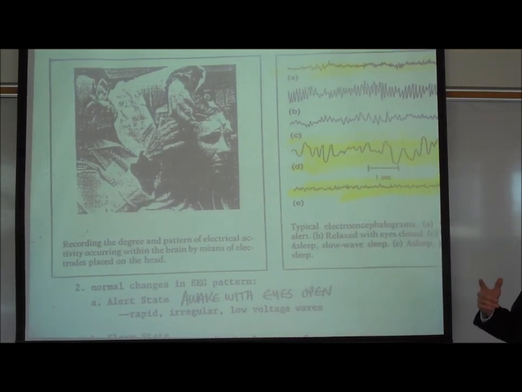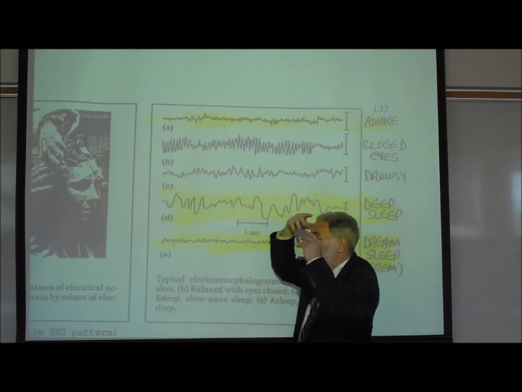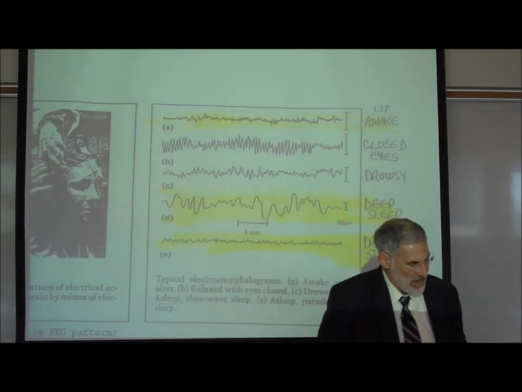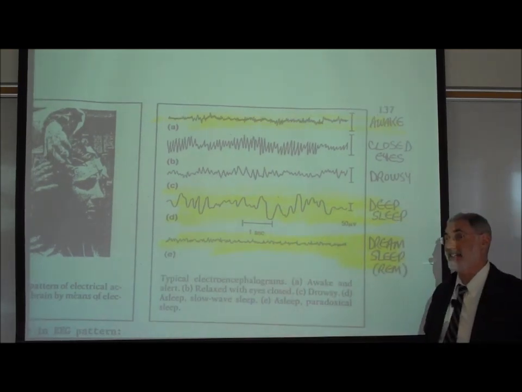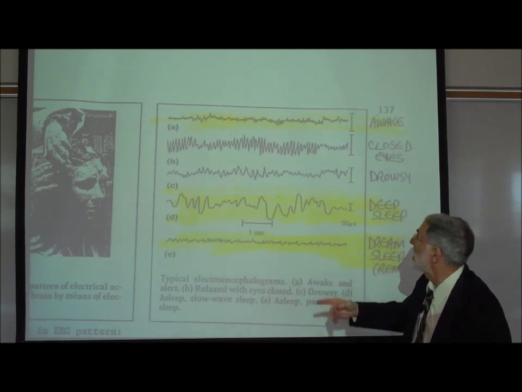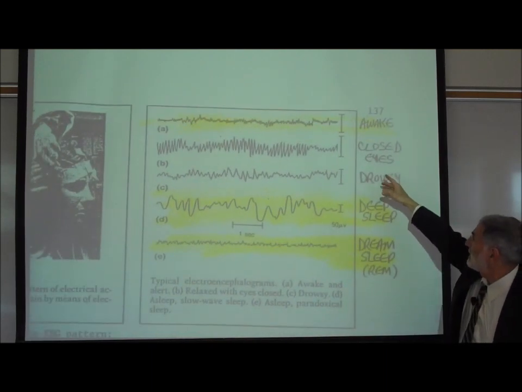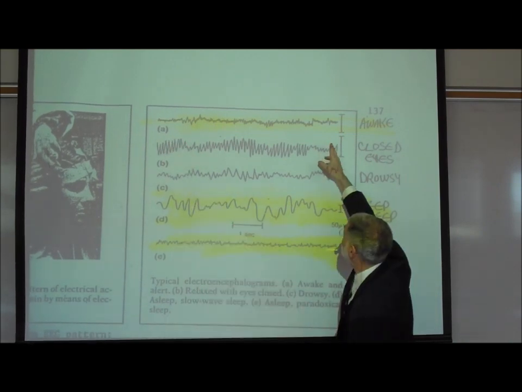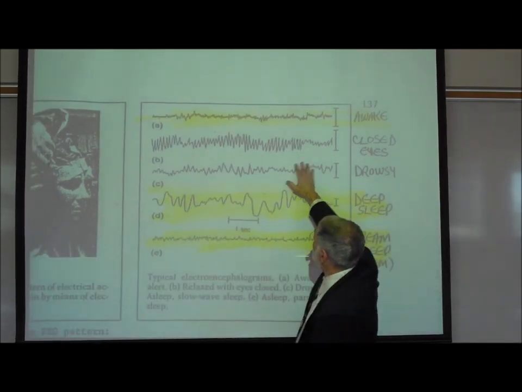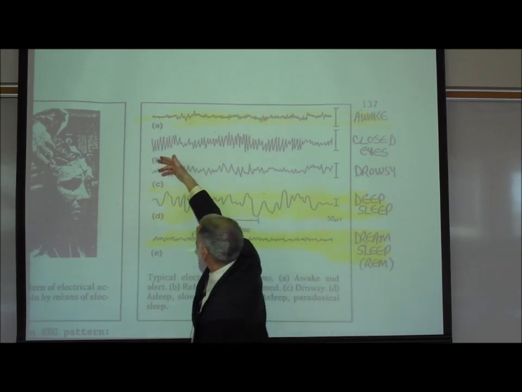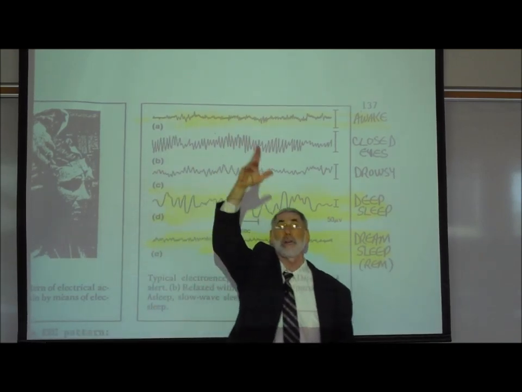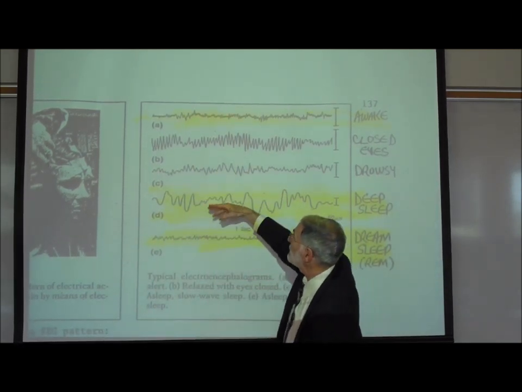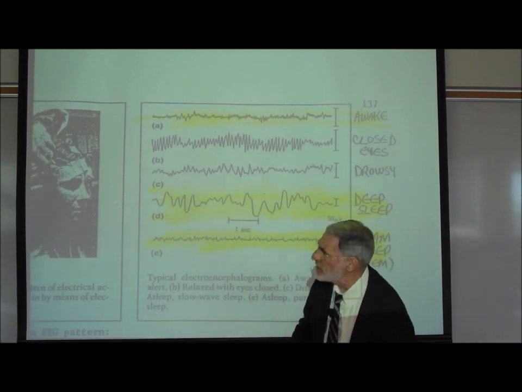We see interesting changes in these EEG recordings based on whether the person is awake or asleep. You'll notice that when somebody is awake, they exhibit these very rapid waves. Now, when somebody closes their eyes, you'll notice that the waves become taller in amplitude and they slow down in their frequency.